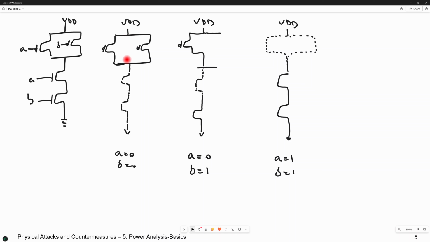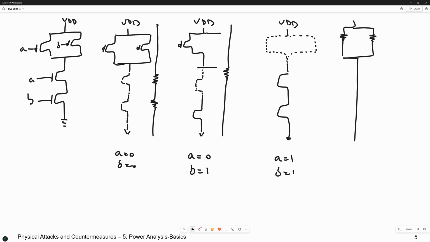Between VDD and ground there is a wire, but actually there are resistors here. If you want to model it, from VDD there is one resistor and another resistor, and here one resistor and nothing, and here you have two resistors in series and then the line here.